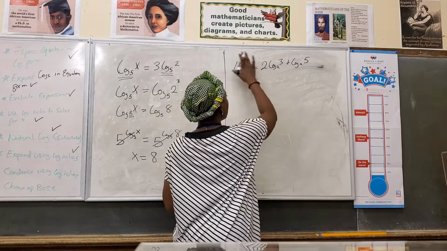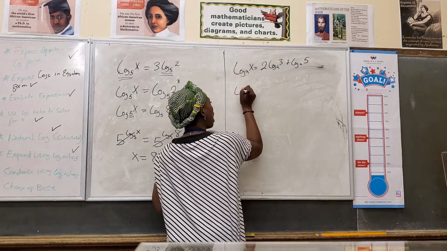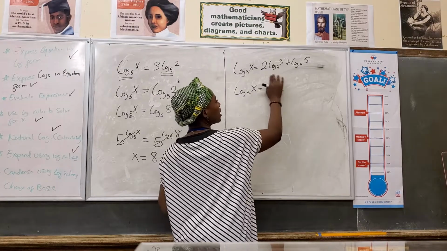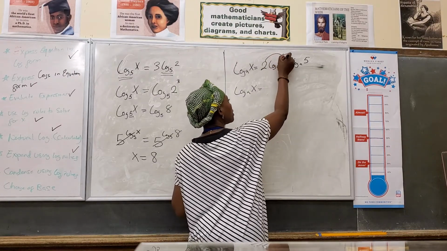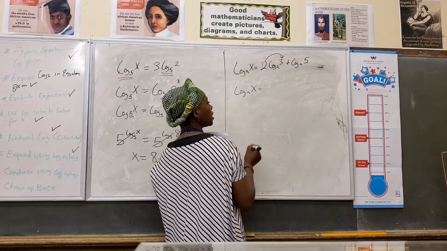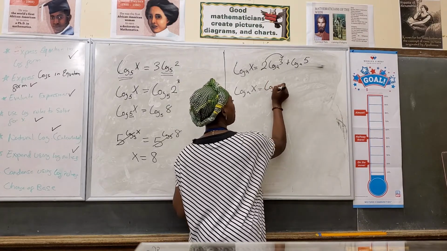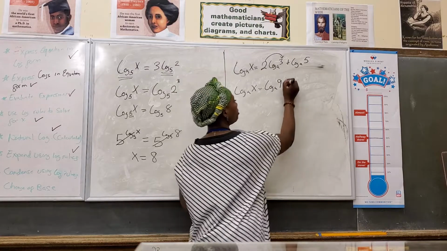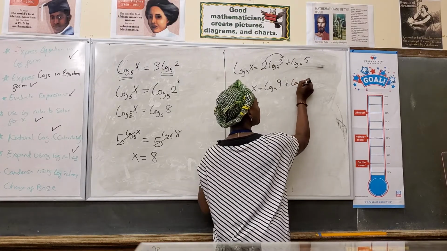This is already condensed. So this is just log base a of x. We need to condense this. The first thing is for me to move this back to the front as an exponent. So this is going to be log base a of 9, because 3 squared is 9, plus log base a of 5.